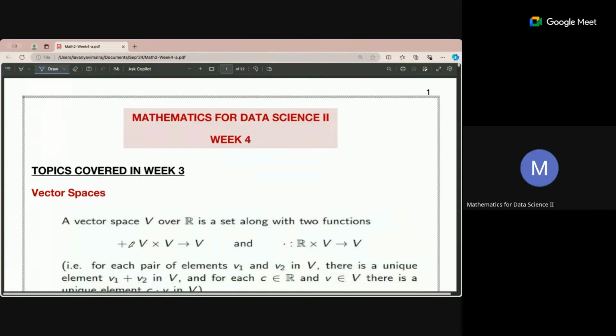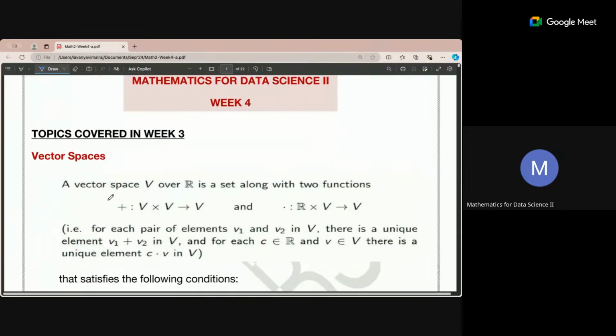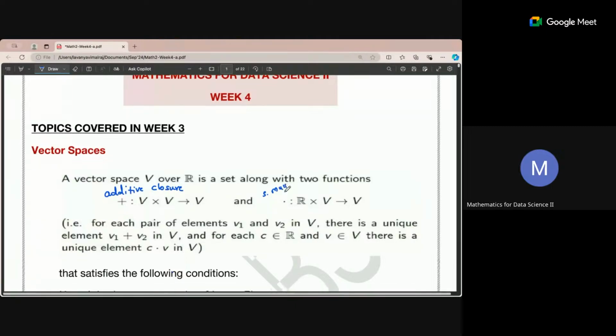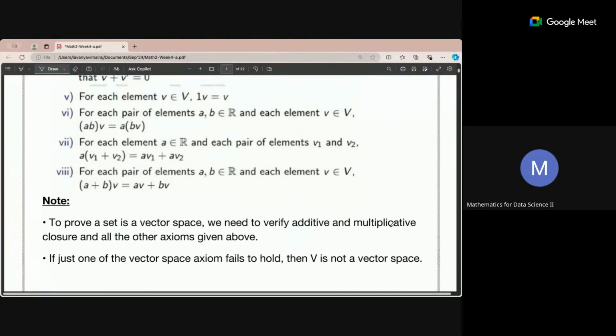Okay. So in vector spaces, you know that the first one is additive closure. What is additive closure? If you take any two vectors V1 and V2 from the vector space V and you add them, the result is again in the vector space V. And what is multiplicative closure? Here it is actually scalar multiplication, so closed under scalar multiplication.